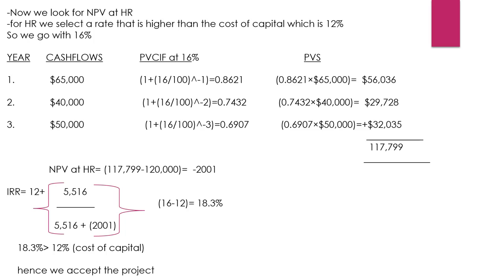In the second year, our cash flow is $40,000. So the present value factor at 16% will be 1 plus, close bracket, 16 over 100. We raise it to the power -2. The power -2 is because we're in the second year. So the value you get is 0.7432.